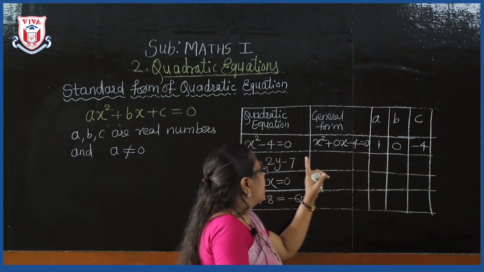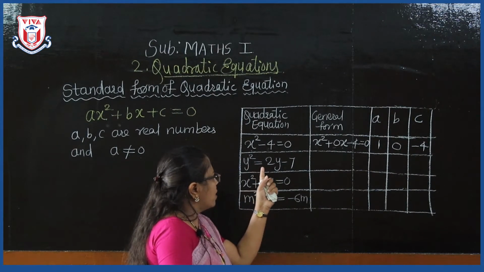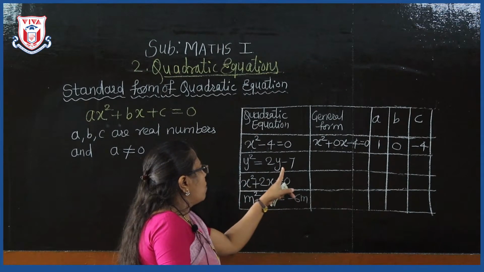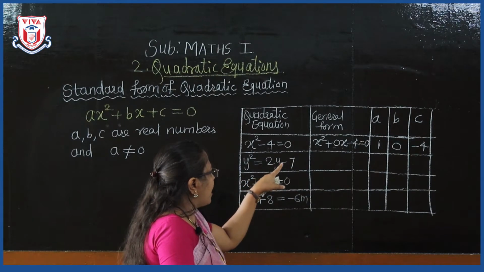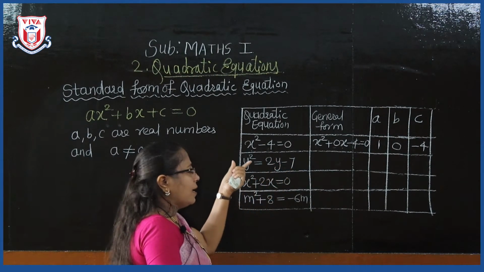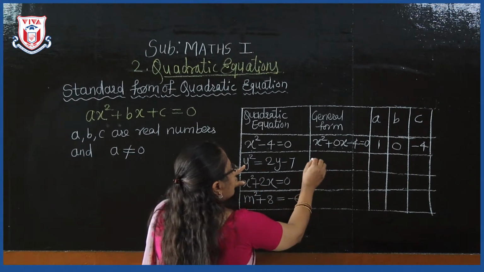Now second equation. y square equal to 2y minus 7. Now to convert this into standard form, these two terms, 2y minus 7, we have to take on the left hand side. First term is y square.